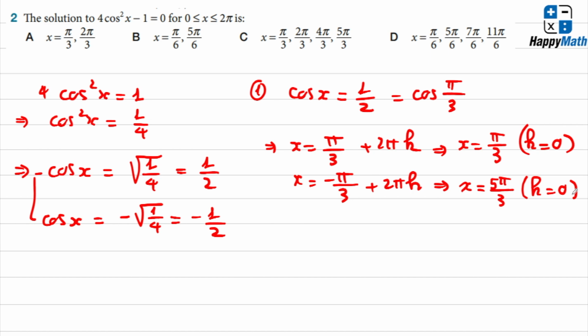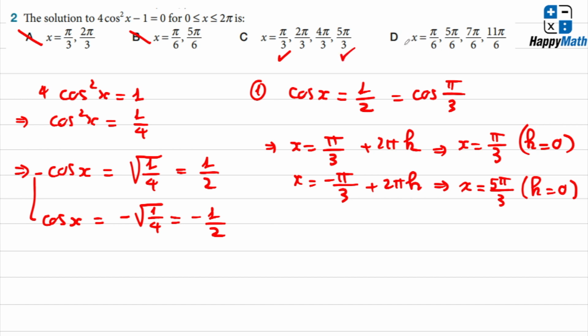So in my solution it has pi over 3 and 5 pi over 3. For question A, you cannot see 5 pi over 3, so this is not the right answer. Pi over 6, no. Pi over 3, you got pi over 3. You got 5 pi over 3 here.